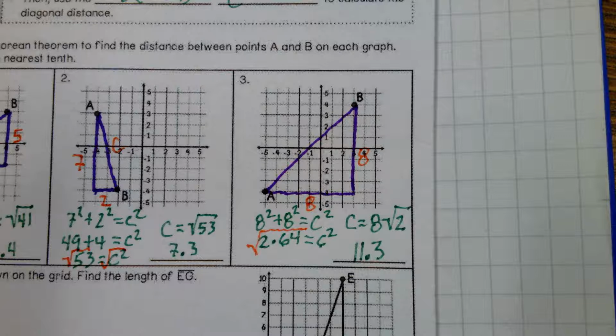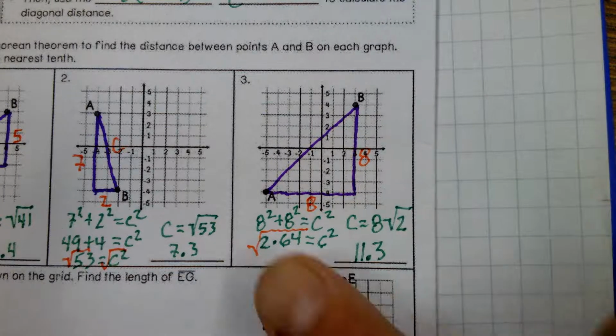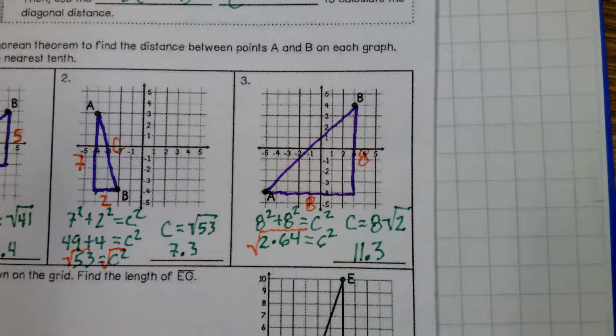So for the exact answer, if you wrote square root of 128, you can simplify it, and the answer should be 8 radical 2. I did that in advance, knowing I'm going to have to simplify the square root. So it's either 8 radical 2, and when you multiply 8 times the square root of 2, it turns out to be 11.3. So the distance across is 11.3, or 8 radical 2.